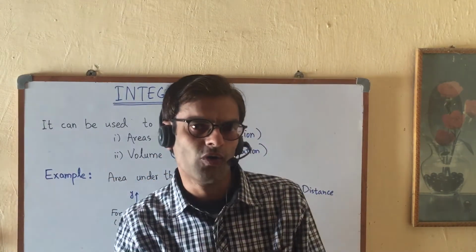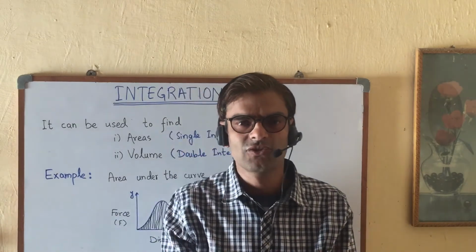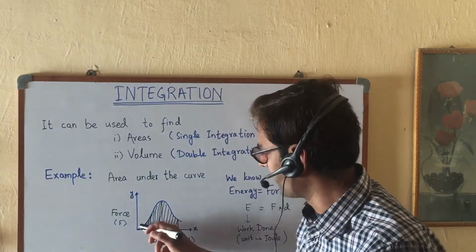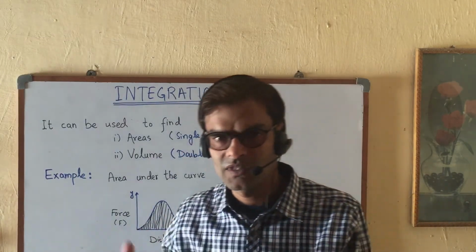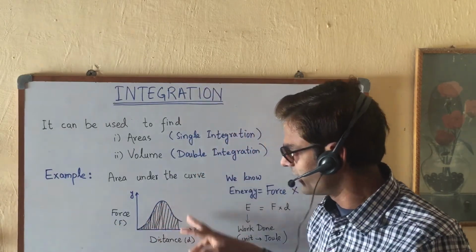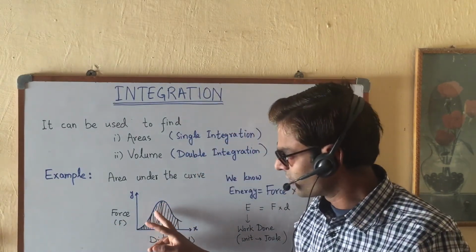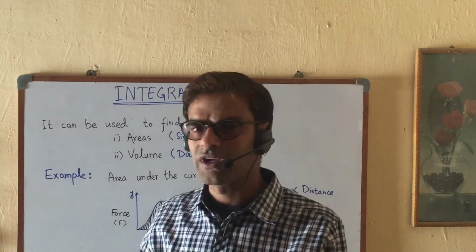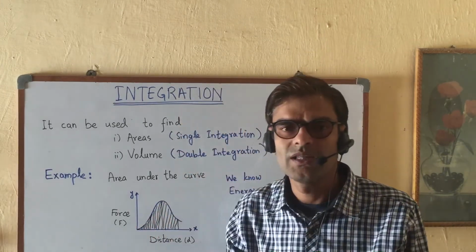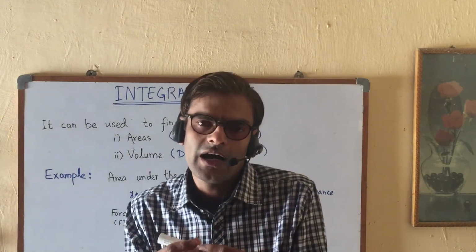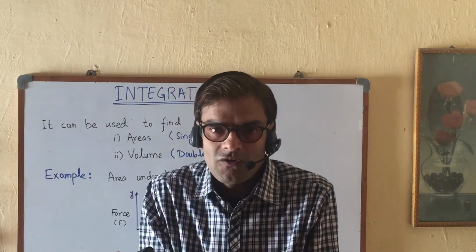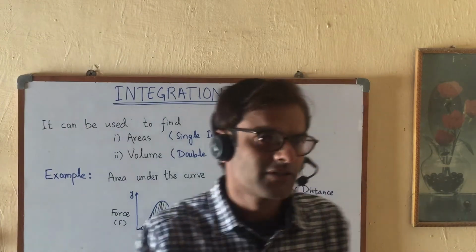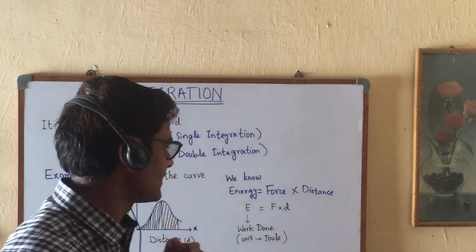So you want to know how much energy at this point. So you calculate the area under the curve, and if you calculate its area, you know I need this amount of energy to break it. So how can we understand this?